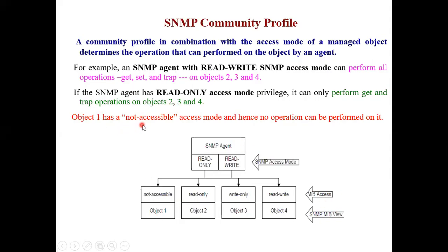Now, object 1 has a non-accessible access mode, hence I cannot read or write the value, nothing. So this particular agent will not be able to access any information of object 1. You might feel, this object is left alone, so how will it be monitored? Maybe a second agent will handle that. These are just 4 objects, but in a network there are so many components.